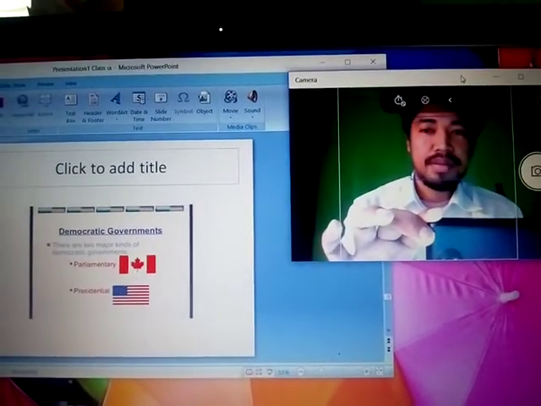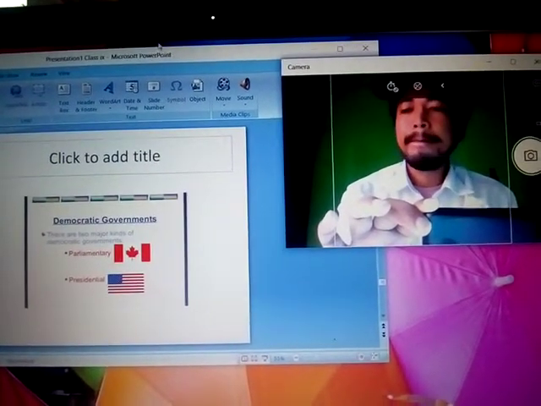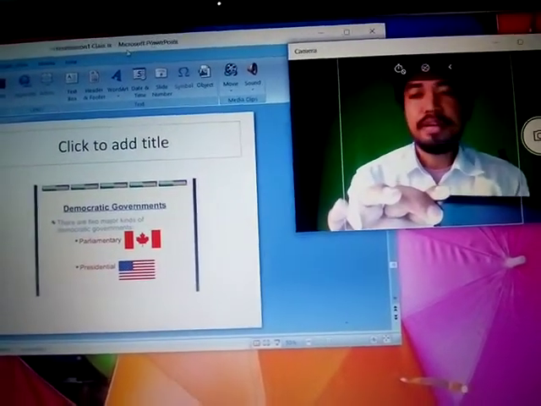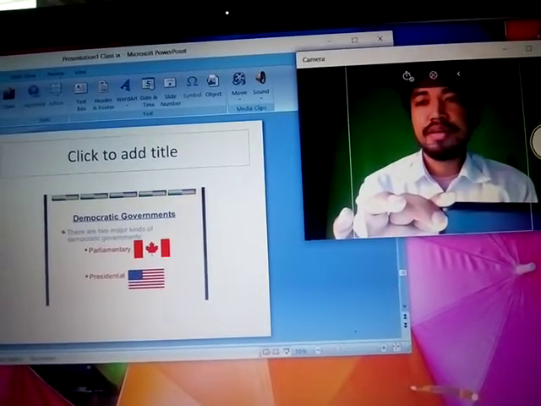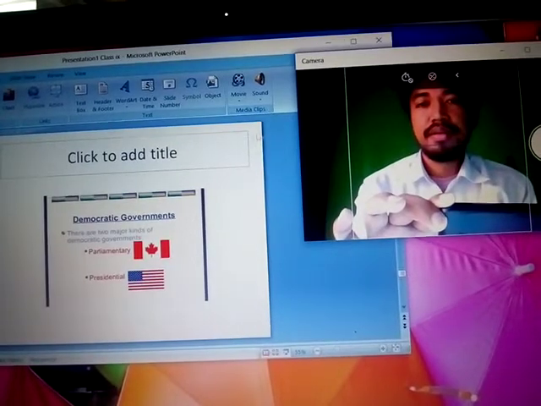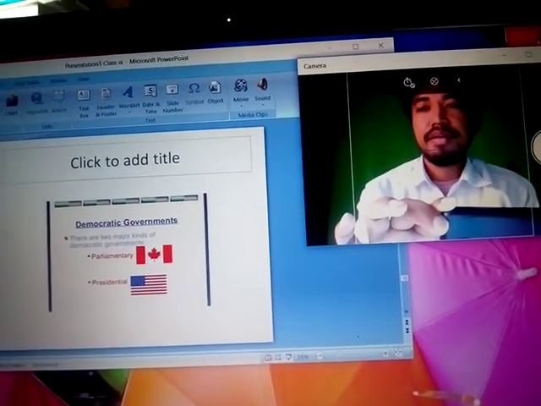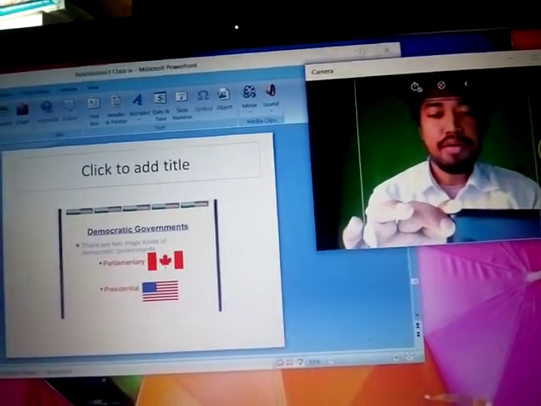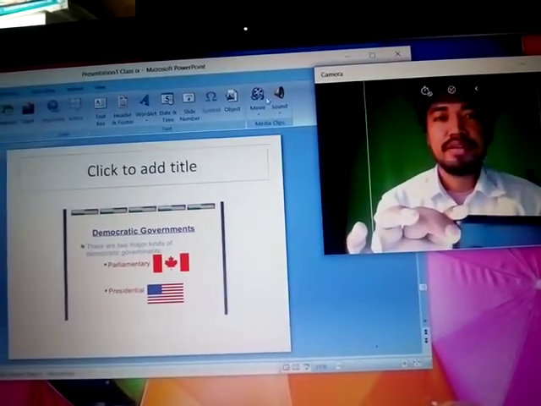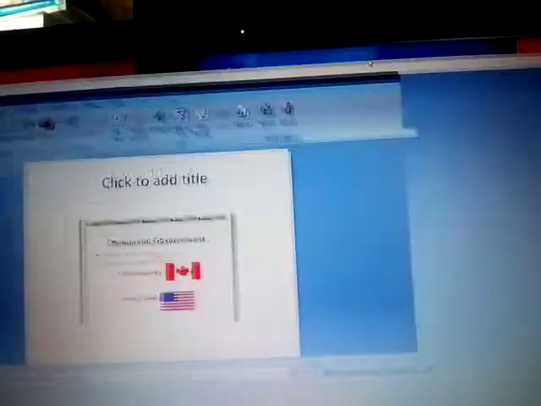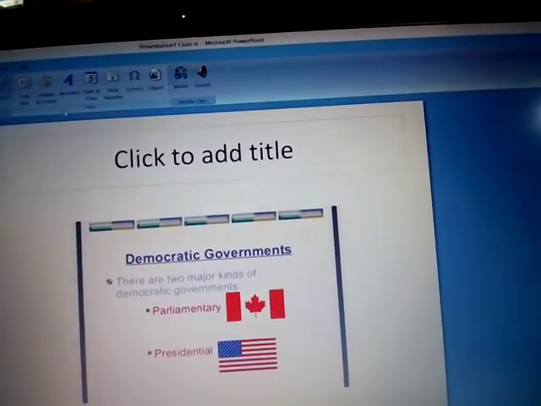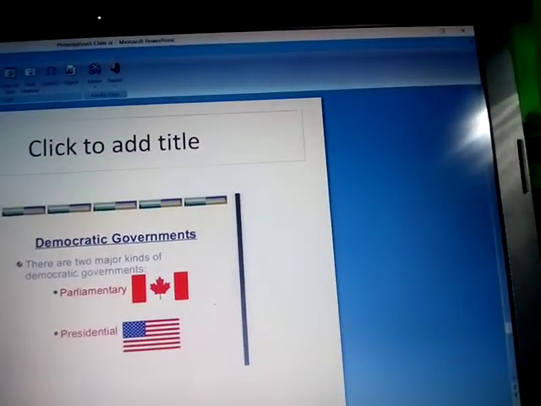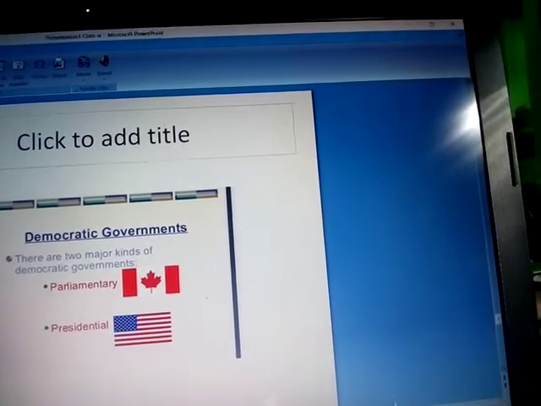And different branches of government, their types of functions, role of citizens. Let's just remind ourselves again.